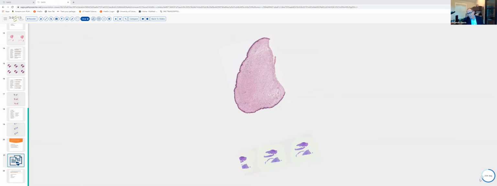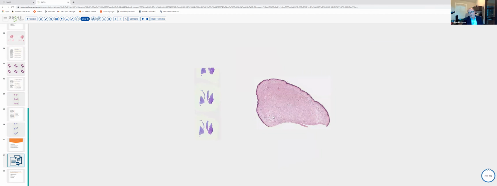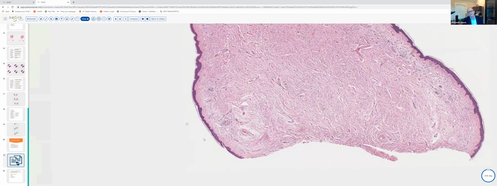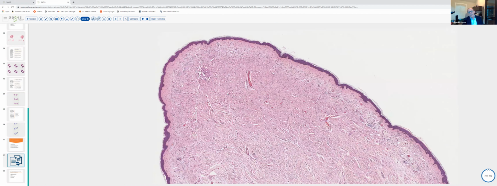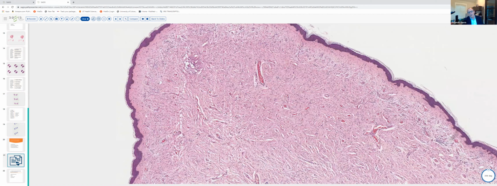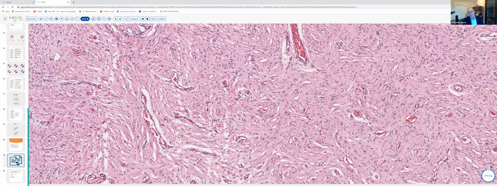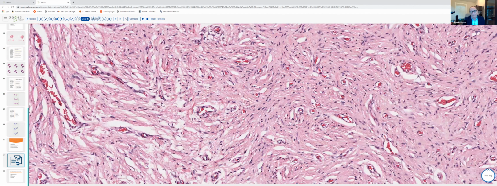Okay, and let me flip the slide again. And lesion number 2, over on the right side, was a dome-shaped papule. And if we move to the core of this pedunculated papule, we can see we've got a proliferation of pretty delicate spindle cells.